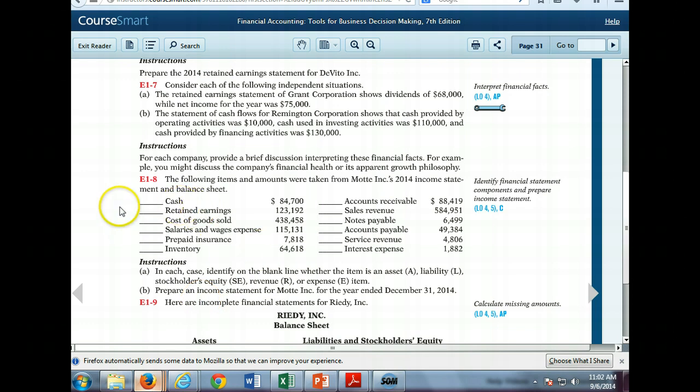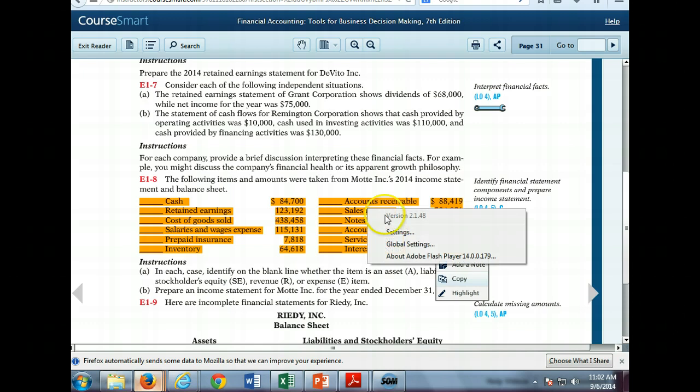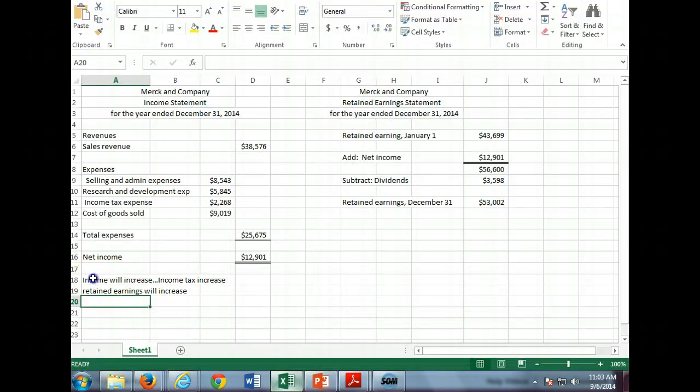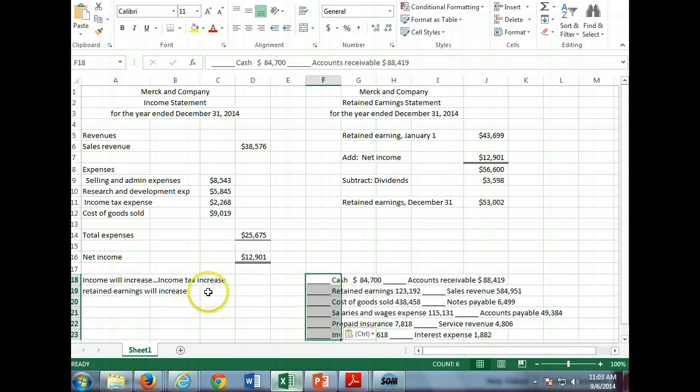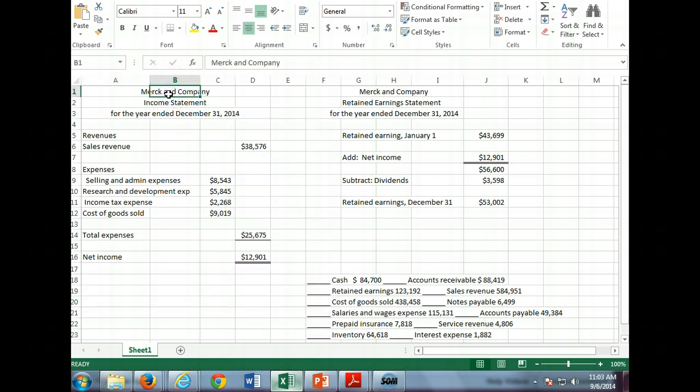We're going to take all this information and let's go prepare an income statement here. I just tried to put them over here so we have them. So what's the name of the company, guys?